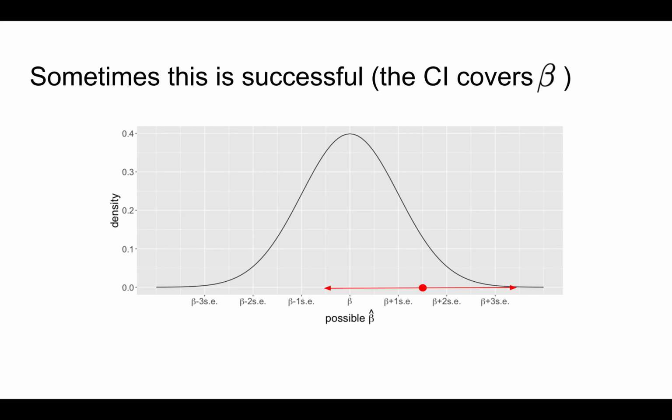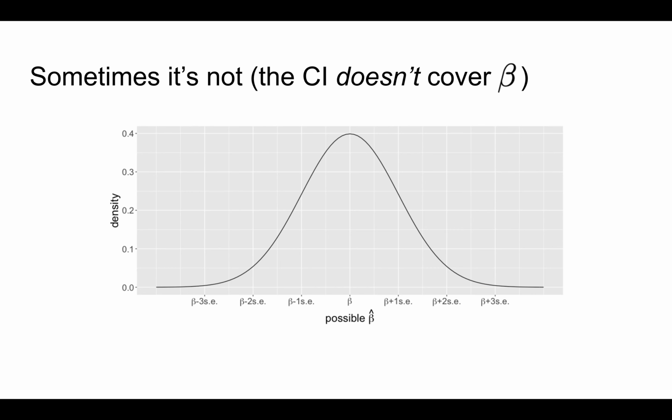This is good. In contrast, suppose we get an unlucky sample, which produces an estimate beta hat that's more than two standard errors from beta. In this case, our 95% confidence interval does not include beta. Thus, our conclusions will miss the mark. This is not good.